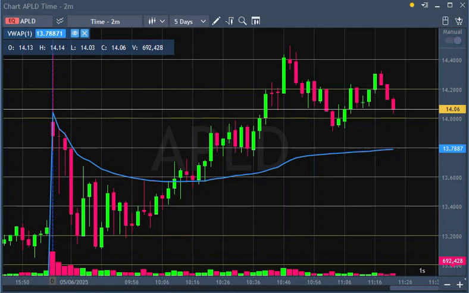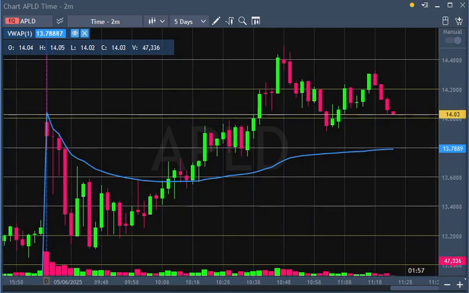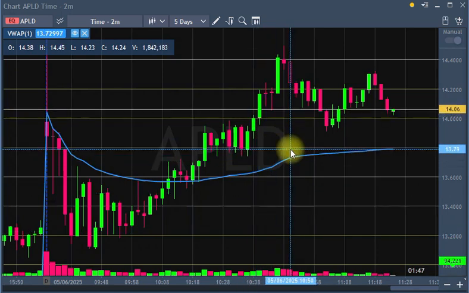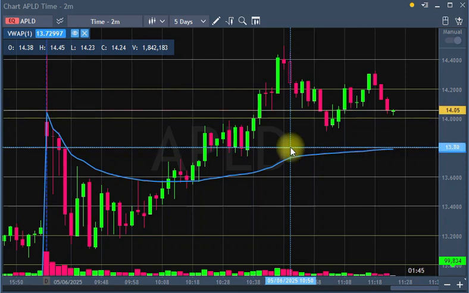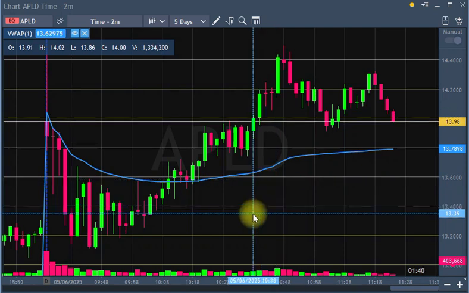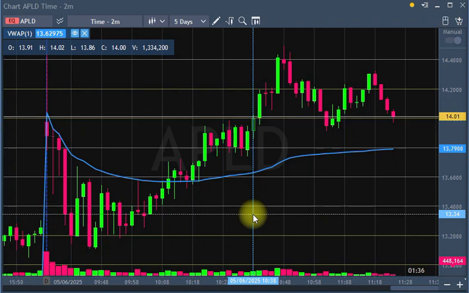The daily chart on APLD looks to be very extended. And again, looking at the chart now, it looks like it can pull back and be bought at around 1380, which is the VWAP area, maybe 1360.